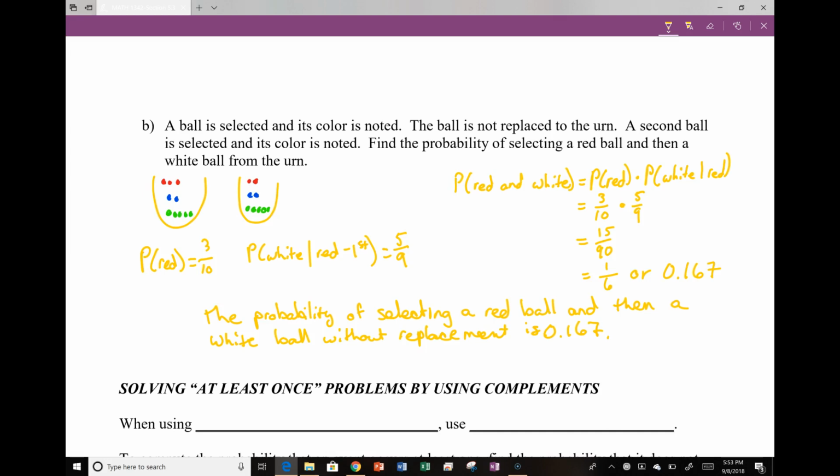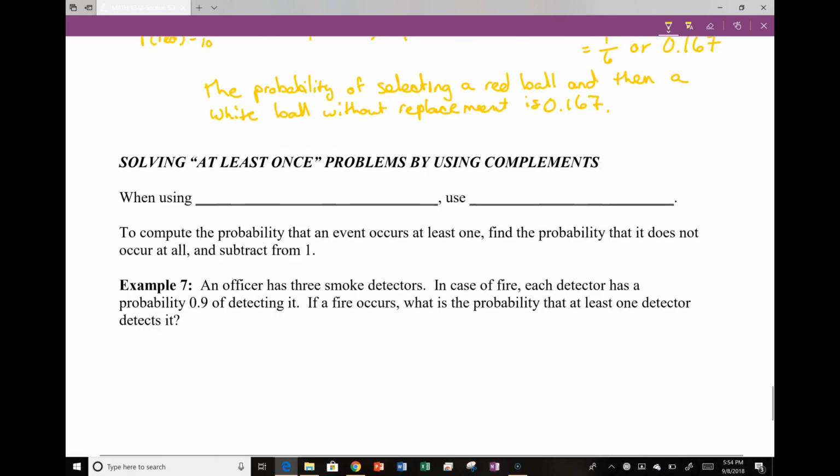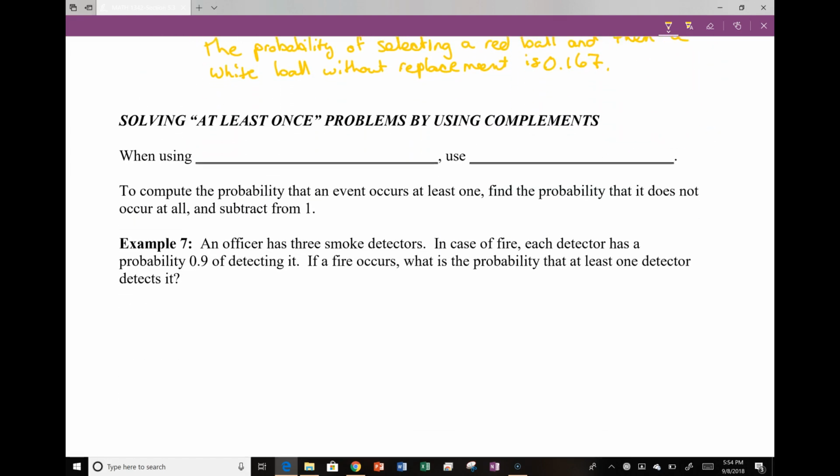So the probability of selecting a red ball and then a white ball without replacement is 0.167. You'll notice that on both of these, we selected a red, then we selected a white. But you'll notice that the probabilities changed. It was because on the second time, we did not put that red ball back in. So that does change us quite a bit.